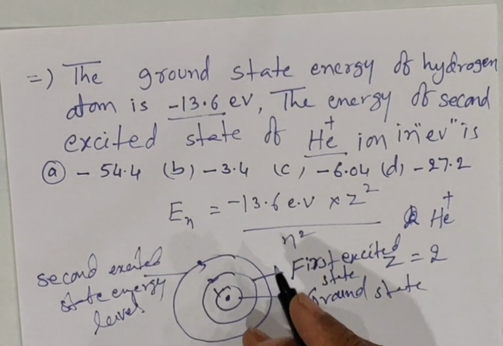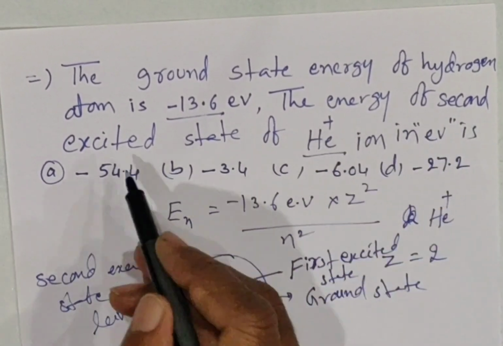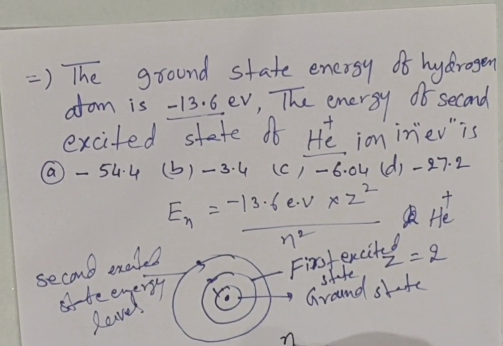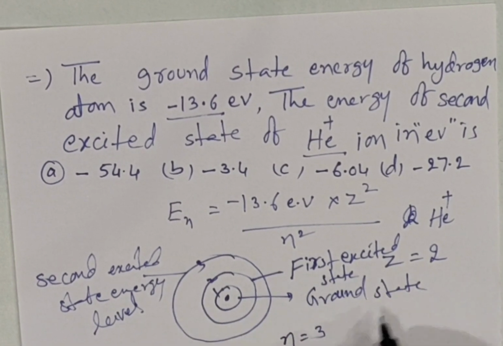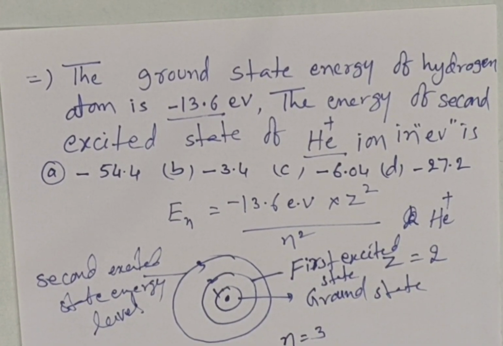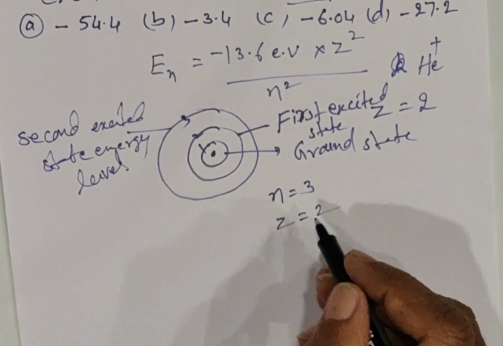Now in the question, the energy of second excited state means N is equal to 3.